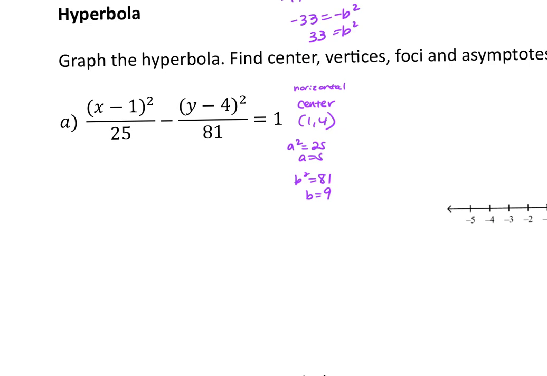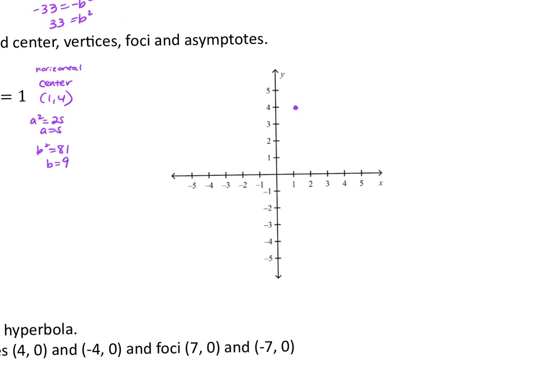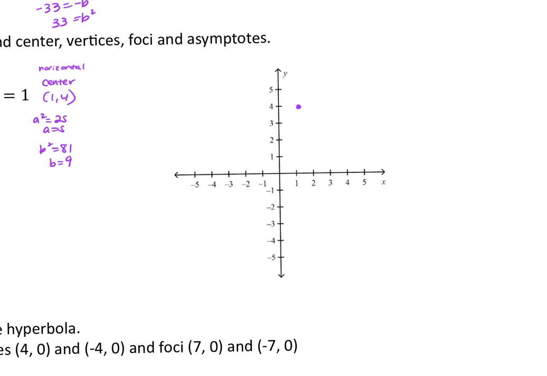Then I would go to the graph and see if I could narrow it down. Center at 1, 4. A is the distance from the center to the vertices, and that's going horizontal, so right and left. So I'm going to go right 5, and I'm going to go left 5, and those are my vertices.